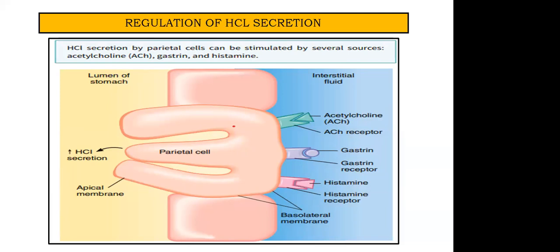Secondly, the stomach epithelial cells are protected from gastric juice by a layer, 1 to 3 millimeters thick, of alkaline mucus secreted by the mucus cells and mucus neck cells that I have told you. There's another enzyme in the stomach, gastric lipase, which splits the triglycerides.